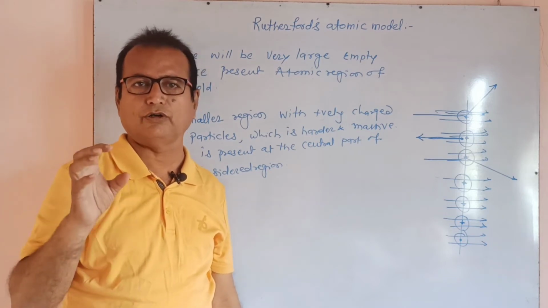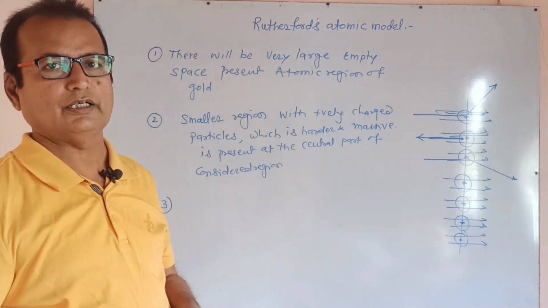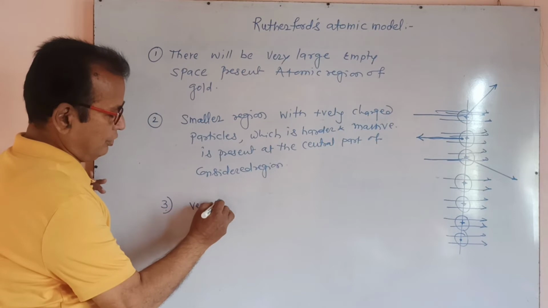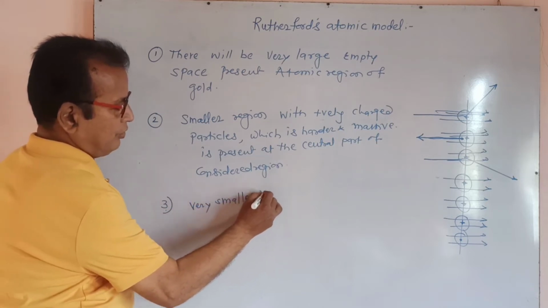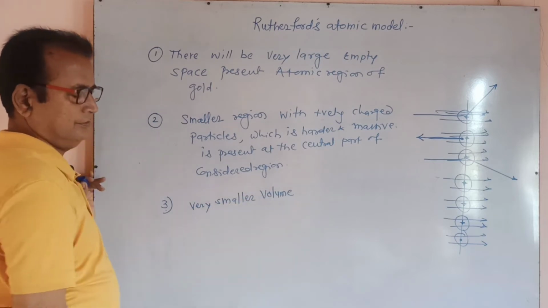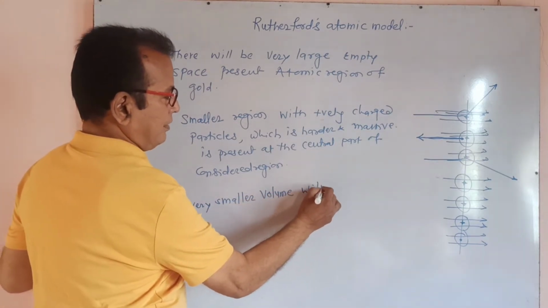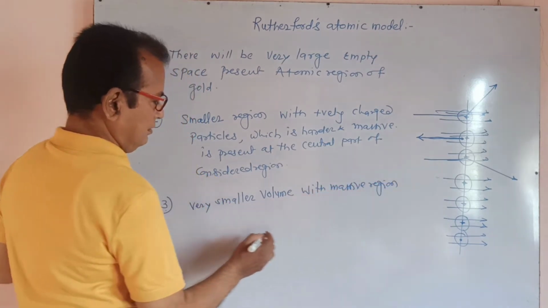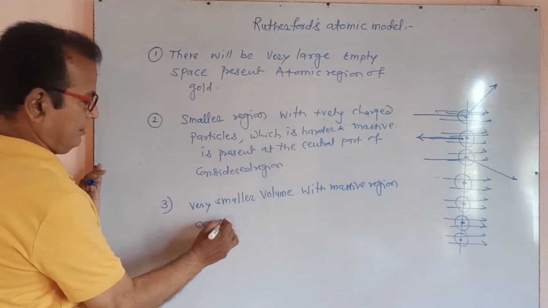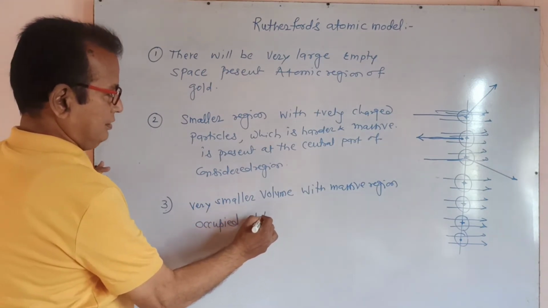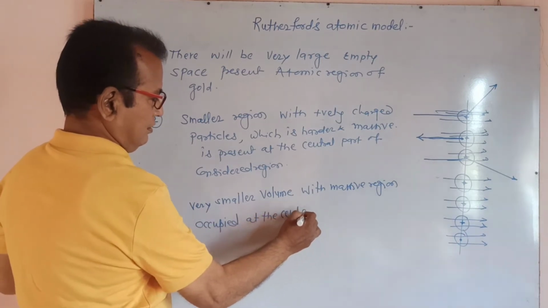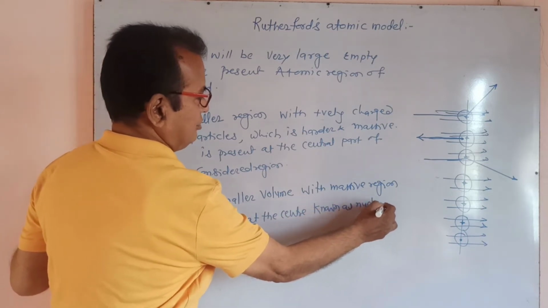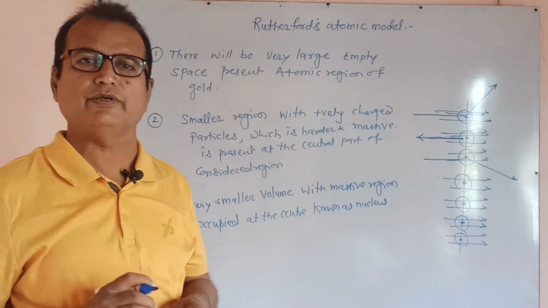The reversion concludes that the hard massive region is present at the central region, with a very small volume, occupied at the center, known as the nucleus. He suggests that it is a nucleus, but the nucleus-occupied region is very small.